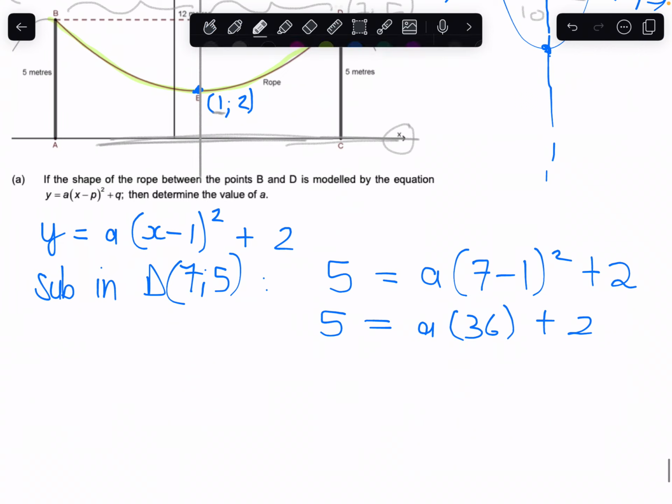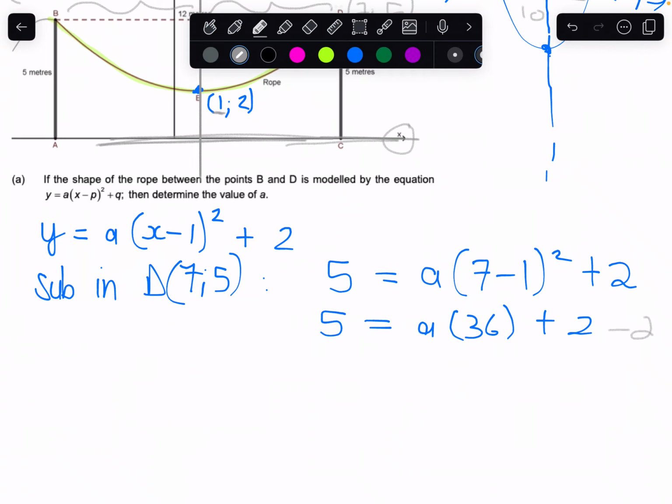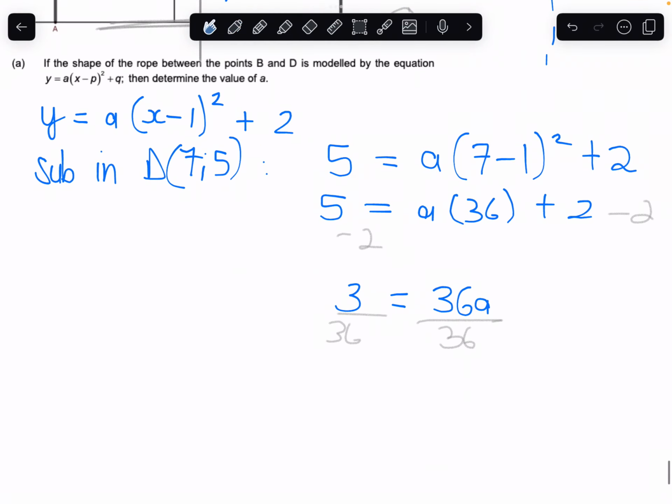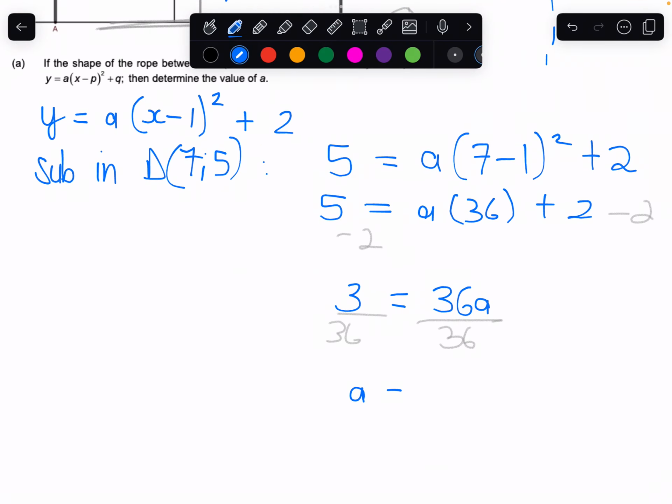Okay, so we can then minus 2 on both sides. So that will be 3 = 36a. Then we can divide both sides by 36. So then we have a = 1/12.